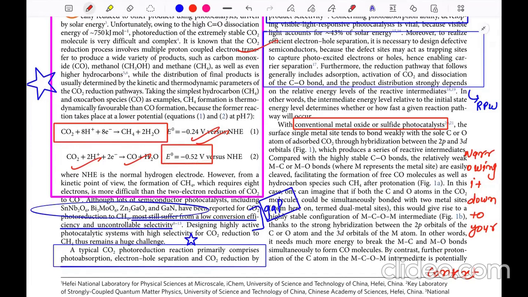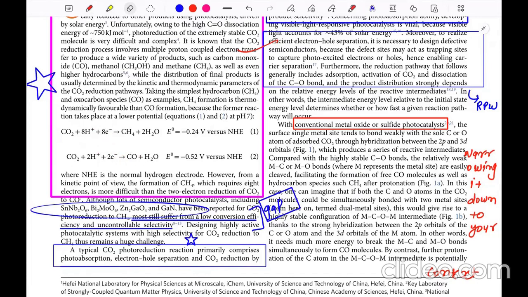So thermodynamically, CH4 formation is more favorable than CO formation because the former reaction takes place at a lower potential. But CH4 formation requires 8 electrons, whereas CO formation requires just 2 electrons. So kinetically, CO formation is more favorable.